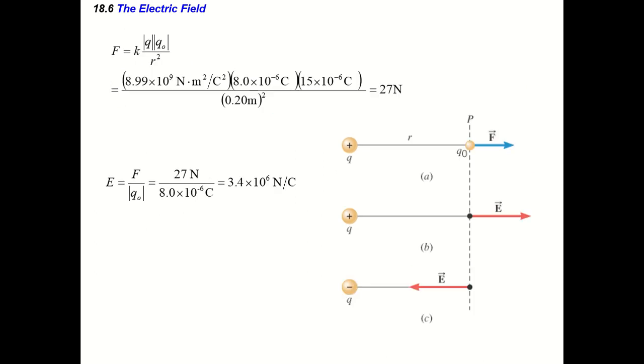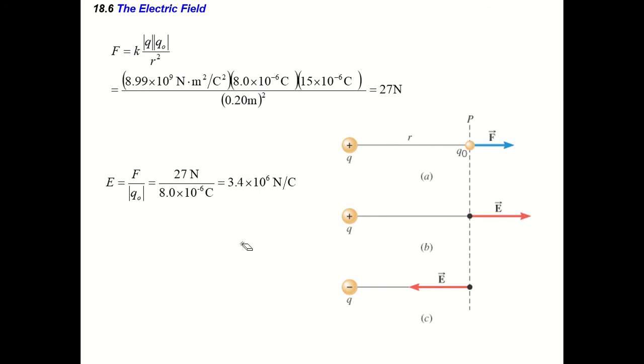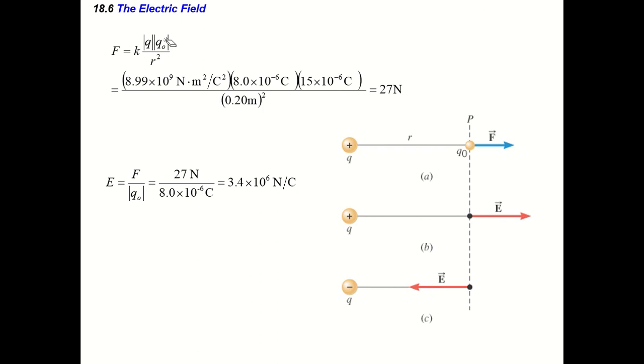So we have here the illustration using the formula. This is a constant, 8.99 times 10 to the 9, then multiplied by Q. As indicated here, our Q is 15 and our Q sub 0 is 8 microcoulomb. There's no problem because you can interchange the position of these; this is just multiplication.